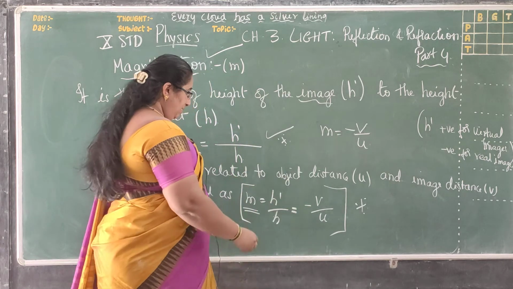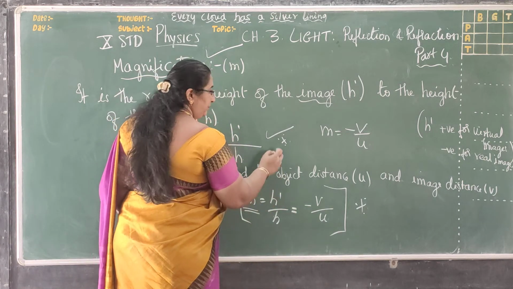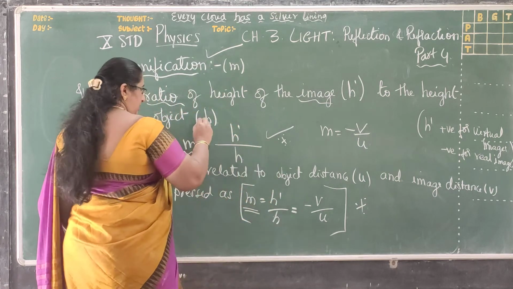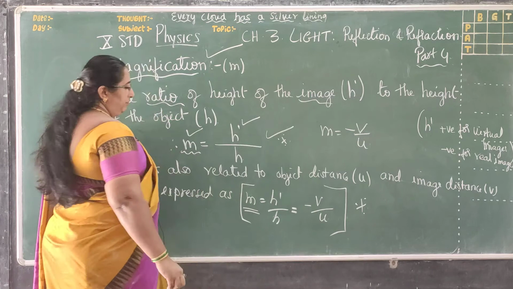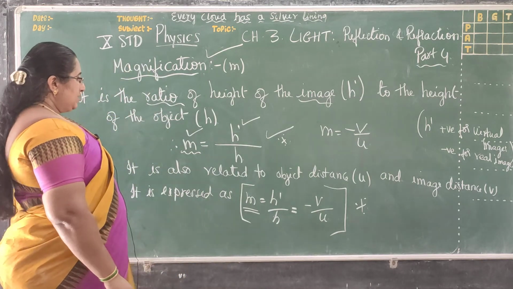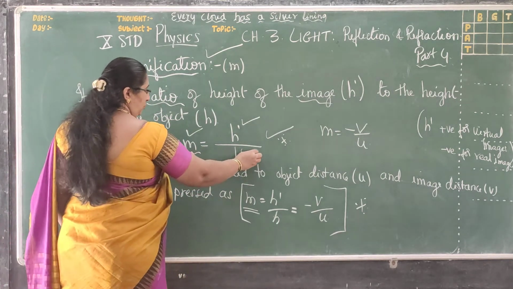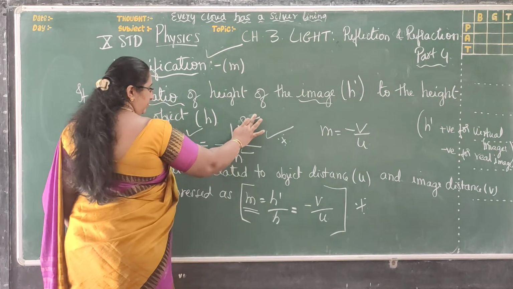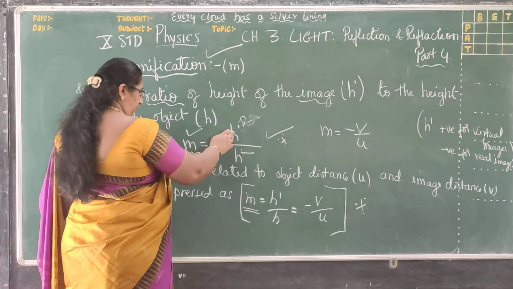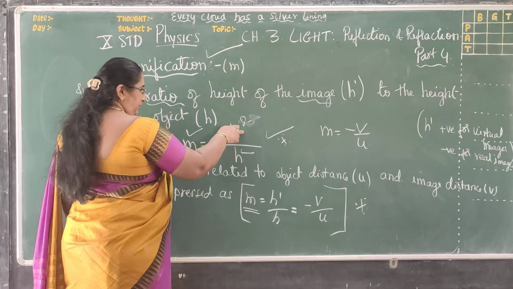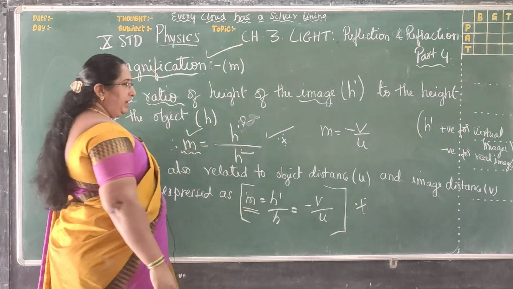Sometimes in a numerical problem, they may give you the magnification and the height of the object, and you need to calculate the height of the image formed. Or they may give you magnification and height of the image, and you need to calculate the height of the object.